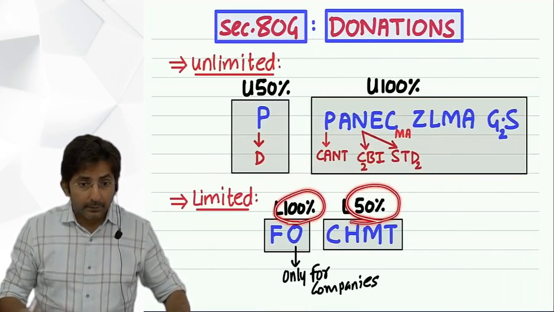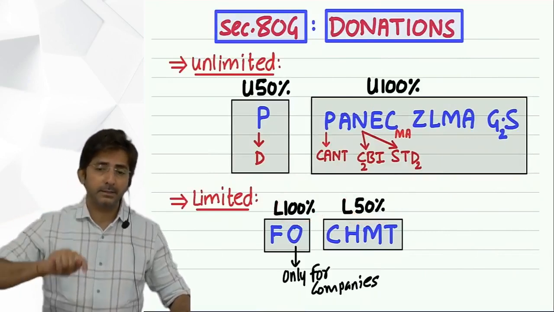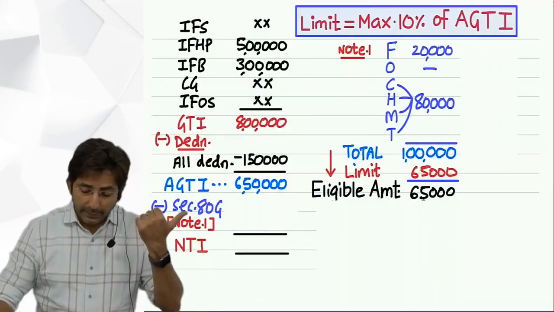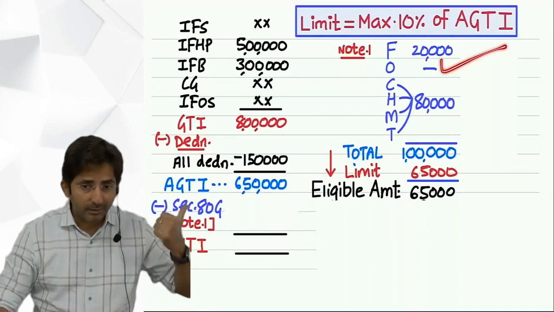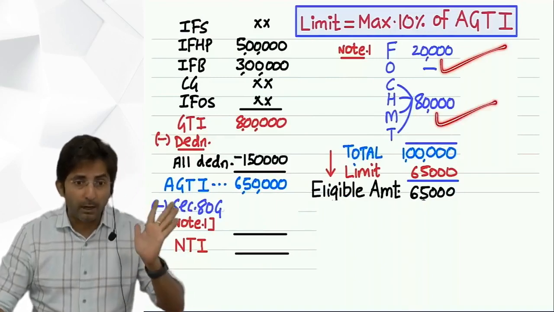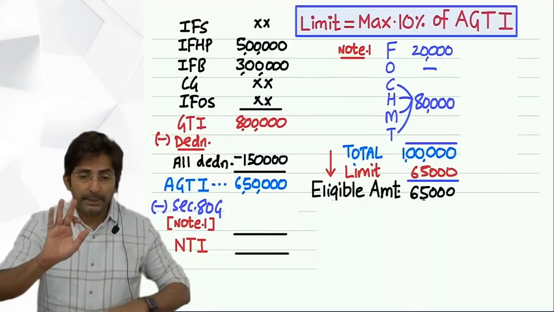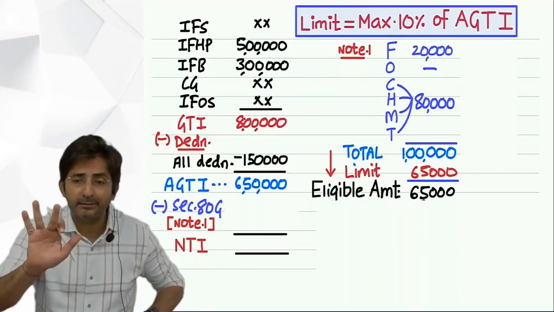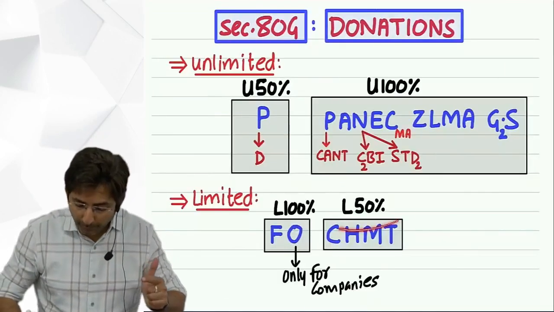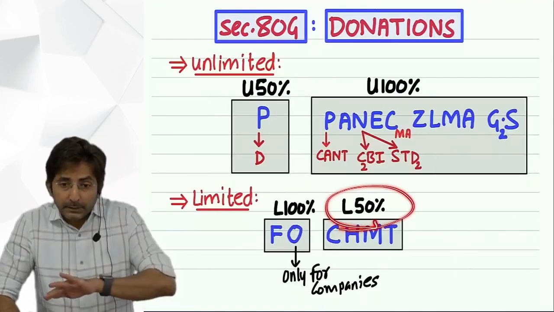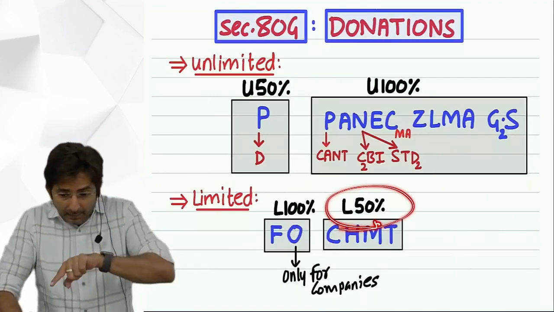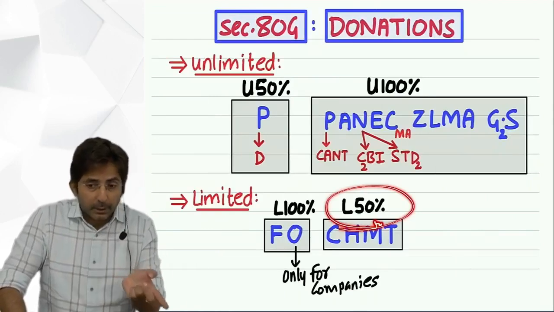But I have not yet applied the 150%. Now I will apply the percentage. When I took this 20,000 and 80,000, I took the full amount. At the beginning you should not apply 100 or 50. What do you mean by L50? 50% of the limit.